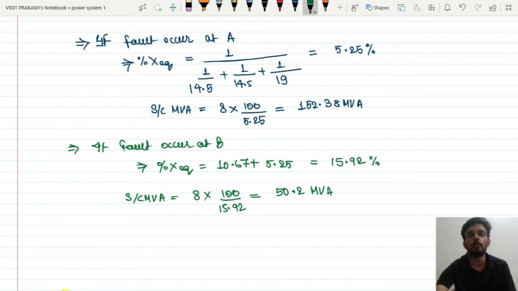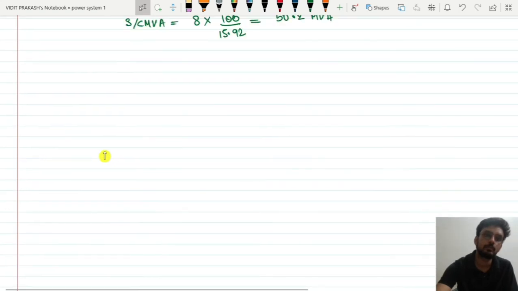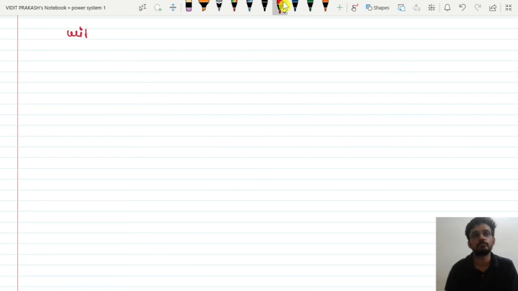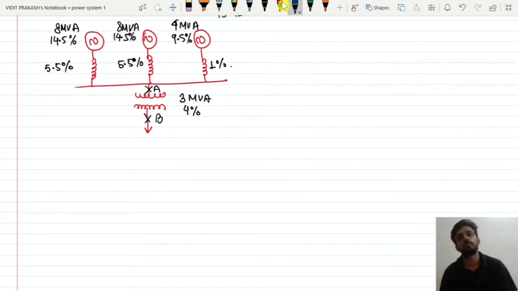Okay, now what if I connect a reactor with the generator? I will repeat the same question with the reactor. Now we are using the same network, but this time we have connected a reactor with the generator.